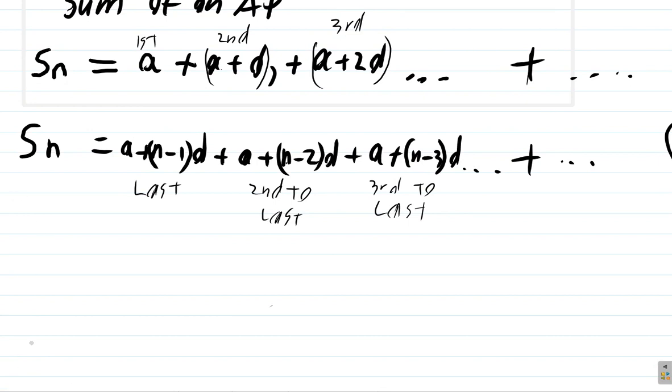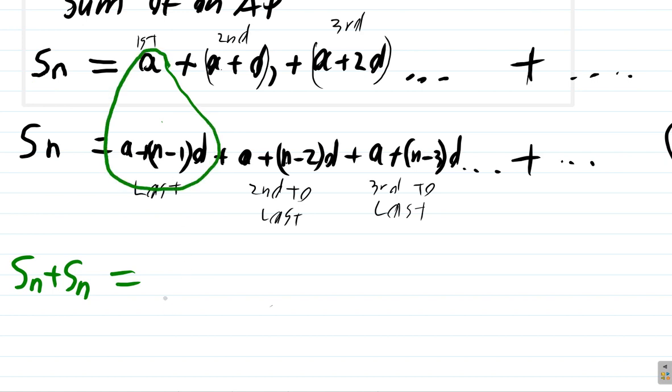If we add Sn and Sn, you're going to have my sum of the n terms, that's the top one, plus sum of the n terms, that's the second one. This plus this. We're adding terms, equal. Let's add these two terms, first and the last.